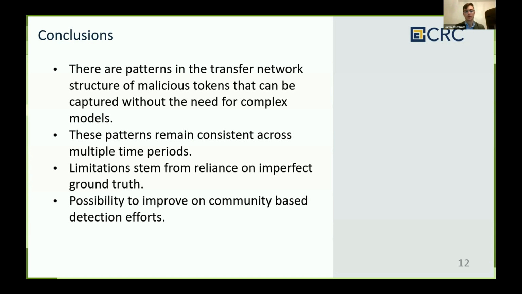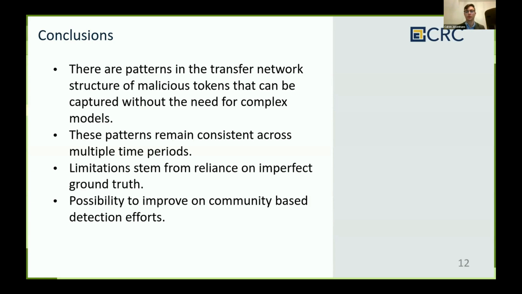Like I was saying, one of our main limitations stems from having an imperfect ground truth, and with improved classification of this training data set, we likely will see improved performance, whether that's an additional human component of labeling, or drawing from more data sources than the two we used. That's certainly something that could improve the model.